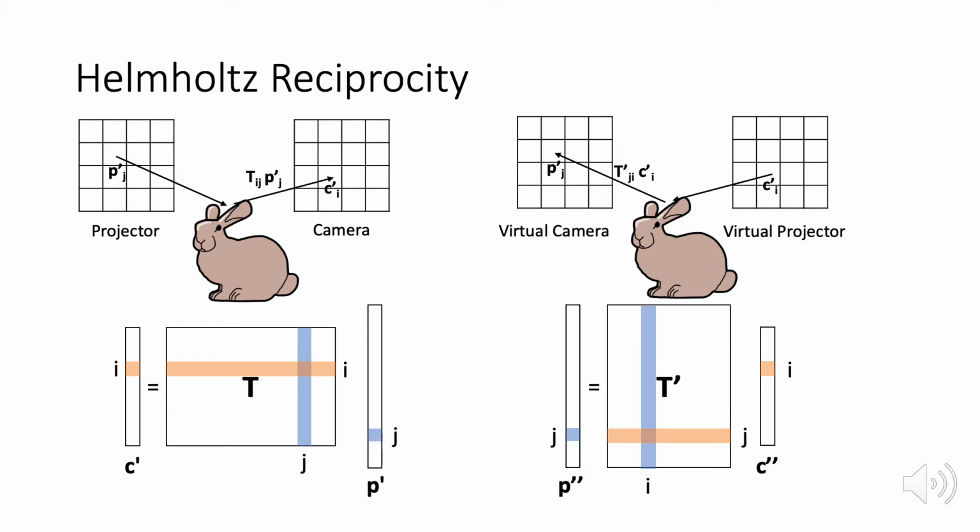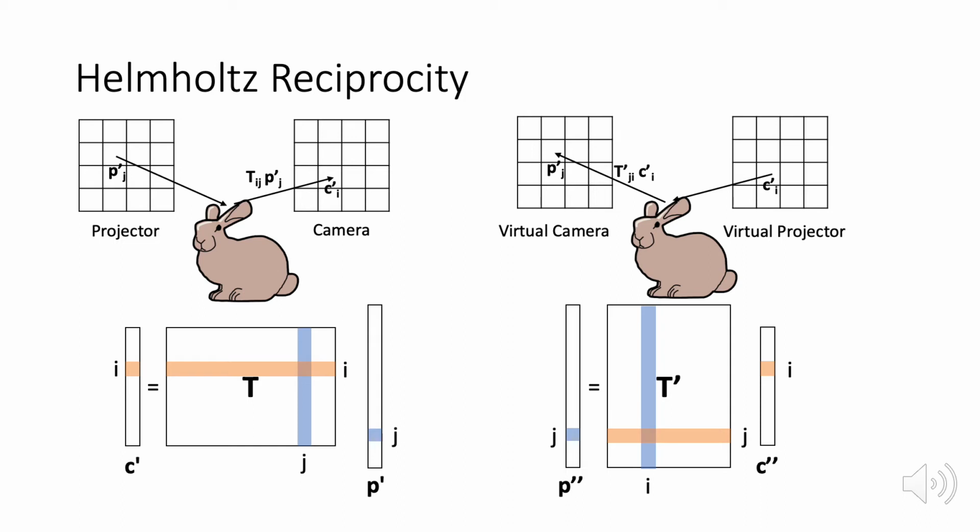Now, we interchange the roles of projector and camera and name them the virtual projector and the virtual camera respectively. Now suppose we want to light up the ith pixel in the virtual projector with C prime I irradiance, and its contribution to the jth pixel of the virtual camera should be another coefficient times C prime I. For the same reason, we can find this coefficient in the jth row and ith column of T prime.